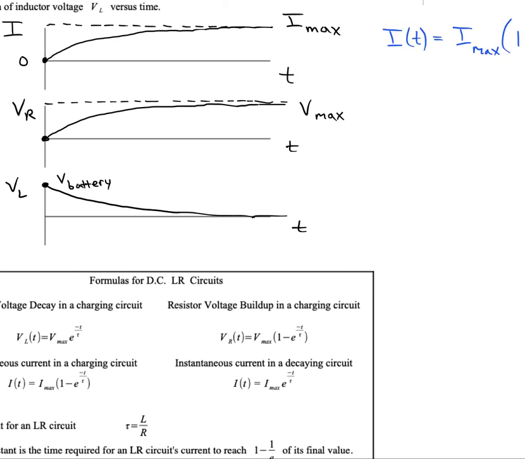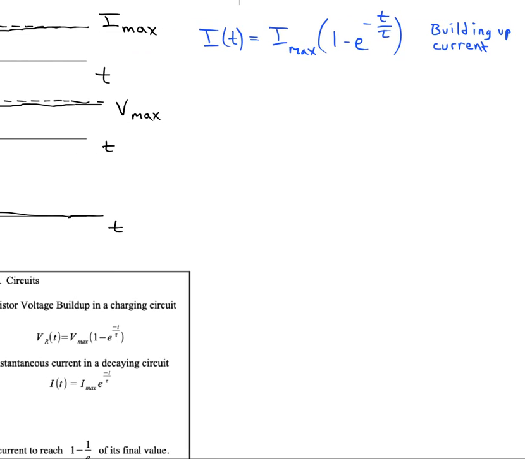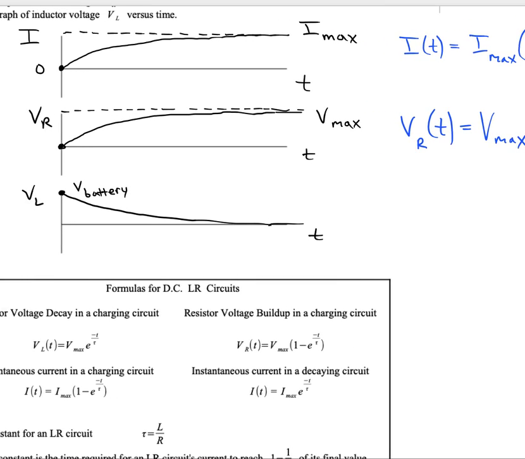For voltage across the resistor, when we're first connecting the circuit, we'll have VR as a function of time equals V max times 1 minus e to the negative t over tau. And once again, we're building up current in this case.